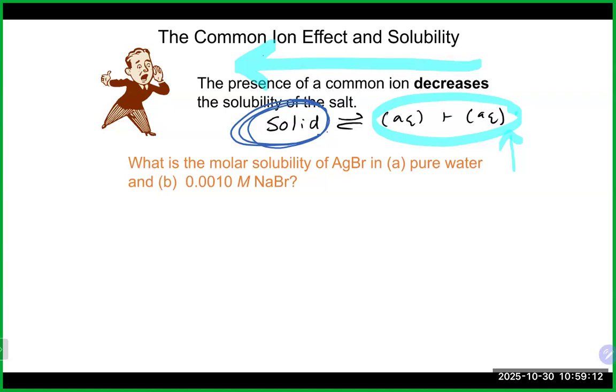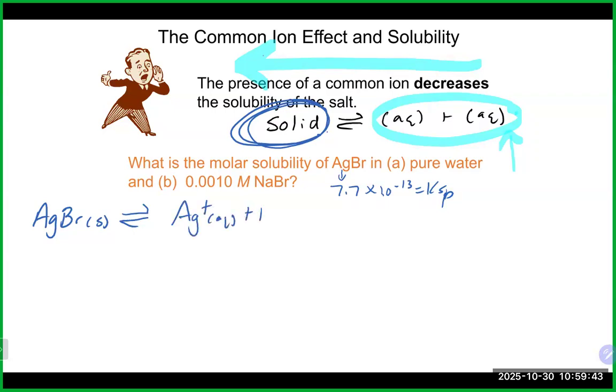So, for example, here, if we take a look at silver bromide, and that's the KSP there for silver bromide, which is 7.7 times 10 to the minus 13. If we look at the solubility of silver bromide in pure water by itself, we would set up our equilibrium reaction, our silver bromide breaking apart into our silver ion and our bromide ion.